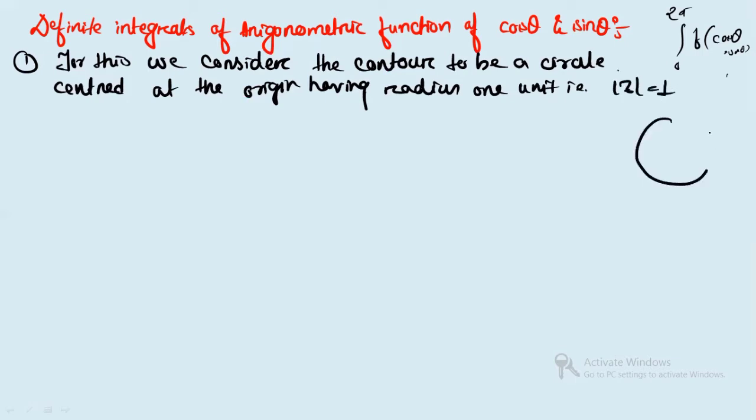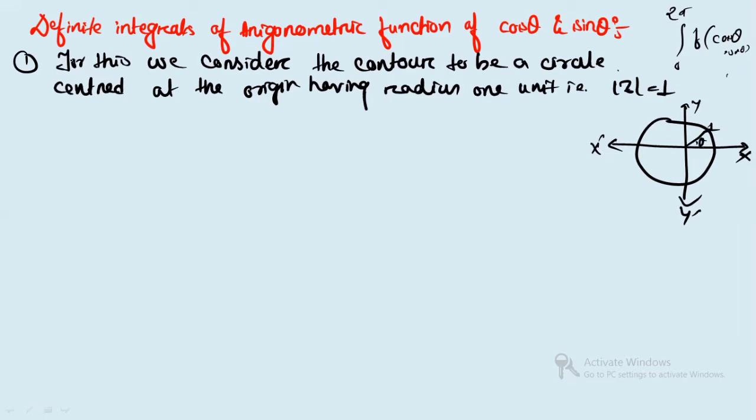Suppose this is a circle, we are considering the contour to be a circle. The radius is considered to be 1. This is the y axis, this is the x axis, that is the real and the imaginary axis. So this is y prime, this is x prime. This angle is considered to be theta.